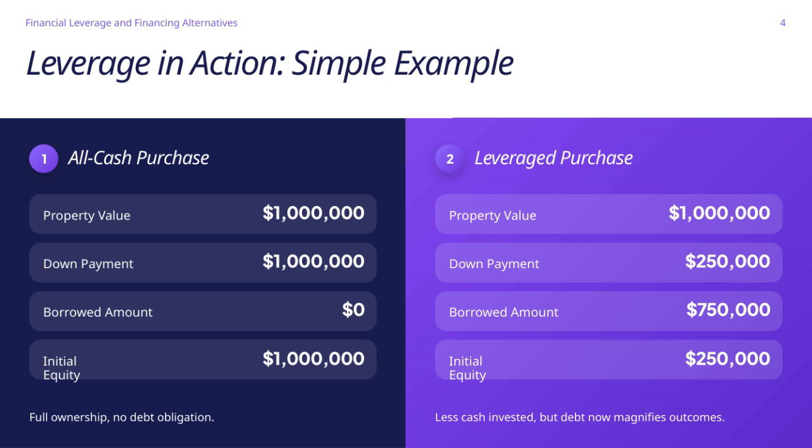This leverage can magnify your financial outcomes, both potential gains and losses, because you have a smaller cash investment tied up, but you're responsible for debt and its associated risks. This example highlights the trade-offs between financial flexibility and risk exposure when using debt to finance property purchases.